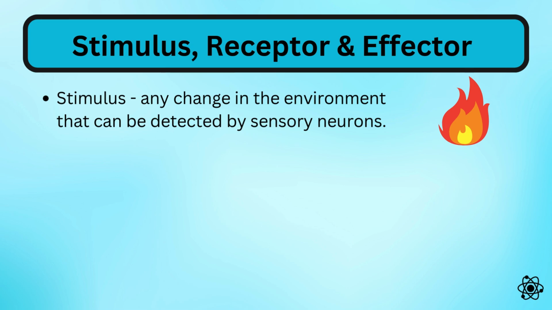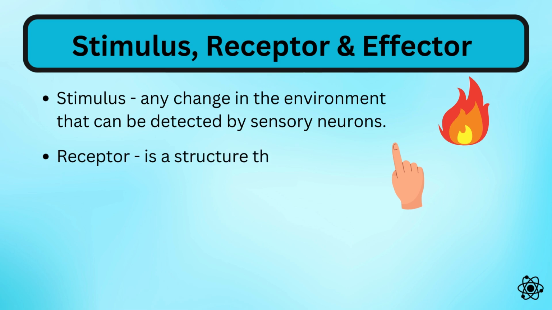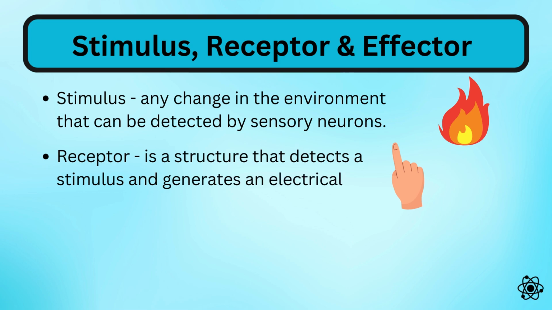So, let's consider fire for this example. A receptor is a structure that can detect a stimulus. It generates an electrical impulse when it detects a stimulus, which is then sent to the central nervous system. So, in this example, the receptors are in the skin of the hand.